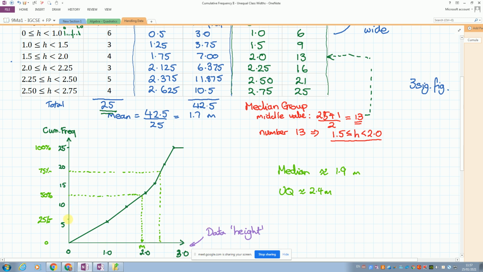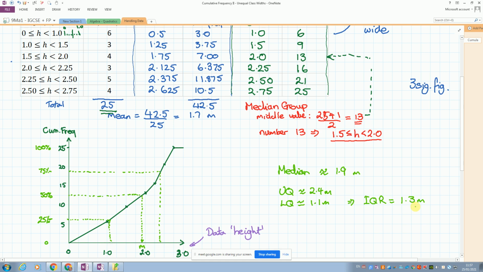And lower quartile, again, go halfway and drop it down, and that looks about 1.1. And that means that my IQR, interquartile range, is 1.3 metres.